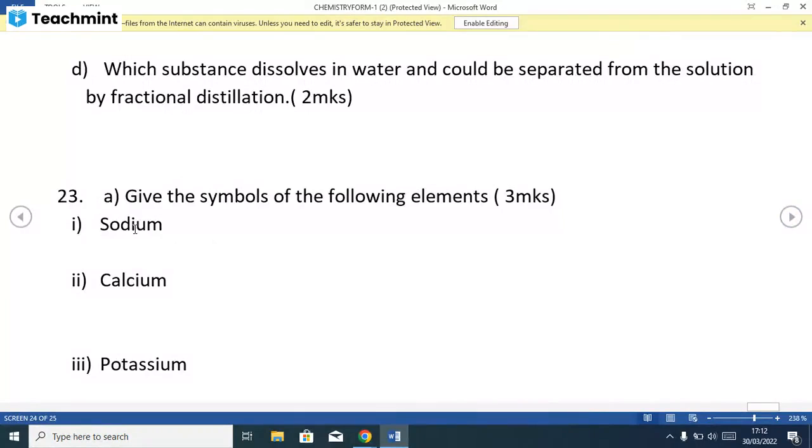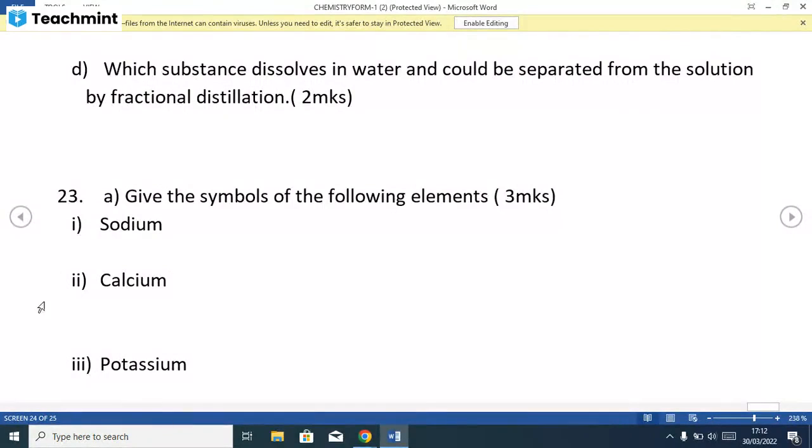Give the symbols of the following elements. Sodium: Na, capital N, small a. Calcium. Now this is where chemistry is.